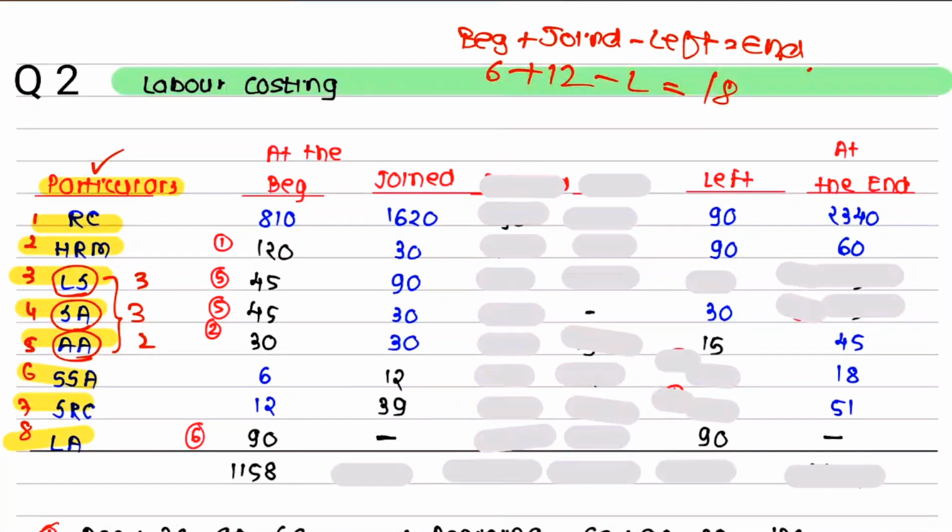So 6 plus 12, then left goes there, तो positive plus 18 कितना? 36. एक सेकेंड, कितना आया?